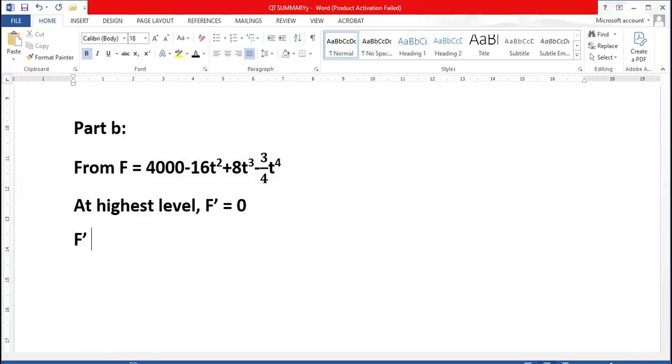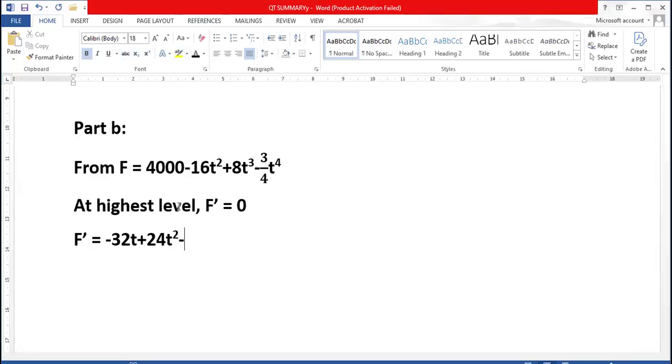So let's differentiate. If you differentiate, what do you get? This will be 0. 2 times 16, that is negative 32t. Then plus 3 times 8, that is 24t, you'll be left with 3 minus 1, the new power will be 2, so it will be t squared.